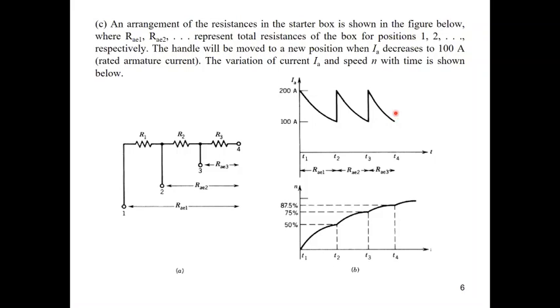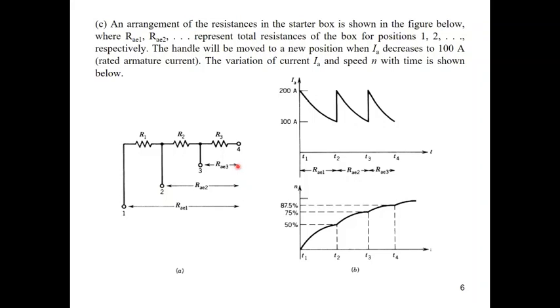We can have 3 or 5 steps, whatever, we don't know now, but we will understand from the numbers how many steps we are going to use. If we have 3 values of resistance, which means 3 startup values, we need RA1 in the beginning, then we reduce the resistance to be RA2, and reduce it again to be RA3.